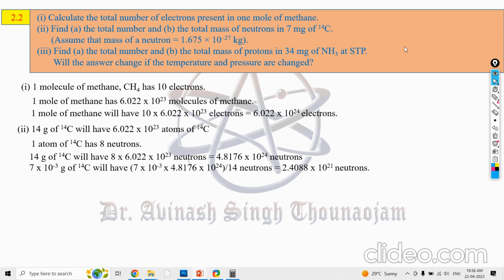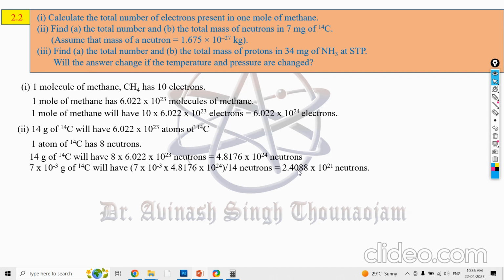However, you have been asked for the number of neutrons and the mass, and you have been given the mass of one neutron. You can see that this is slightly greater than 1 u. 1 u is 1.66 into 10 raised to minus 27 kilograms, and the mass of one neutron is 1.67 into 10 raised to minus 27 kilograms.